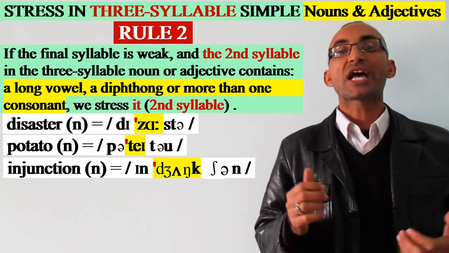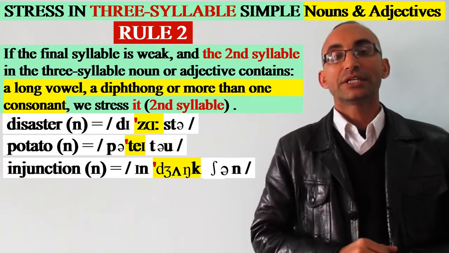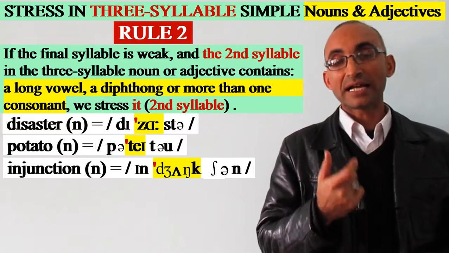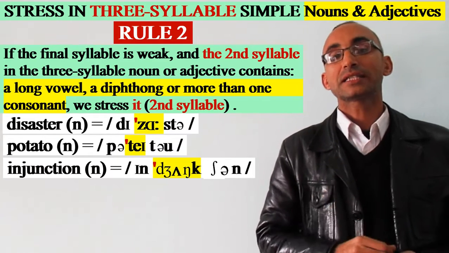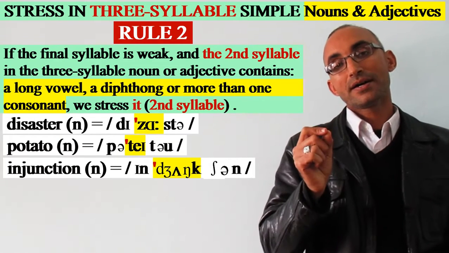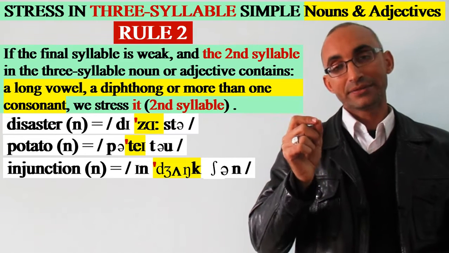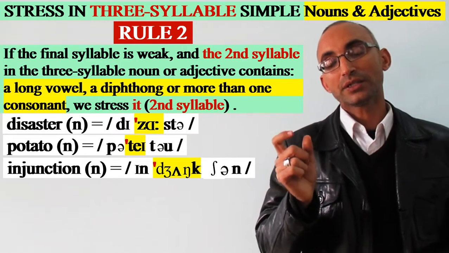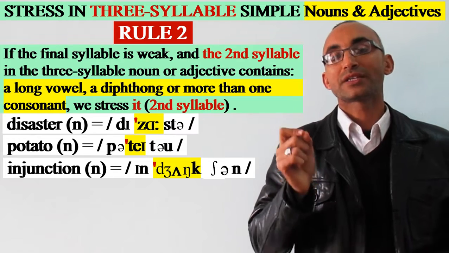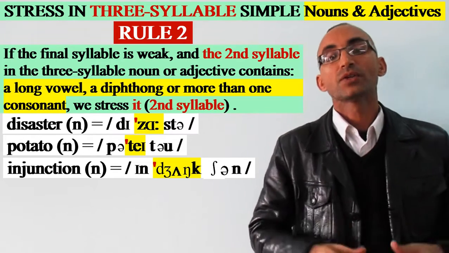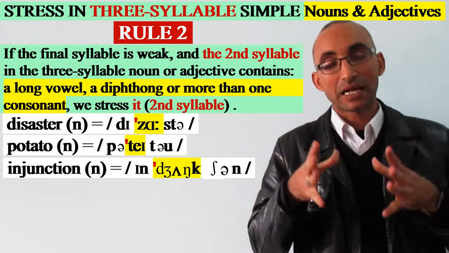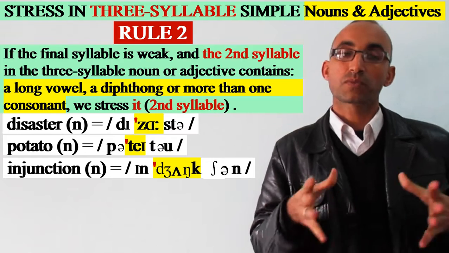And also injunction. Here also we have jang, it contains in the second syllable a vowel plus na sound, na and ka. So here also vowel plus more than one consonant. That's why here we stress the second syllable and not the first one.